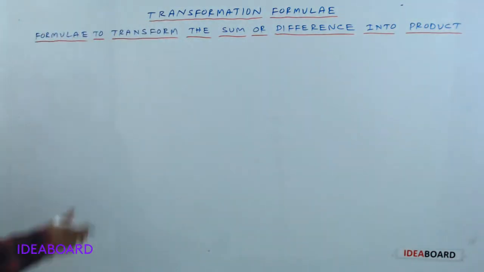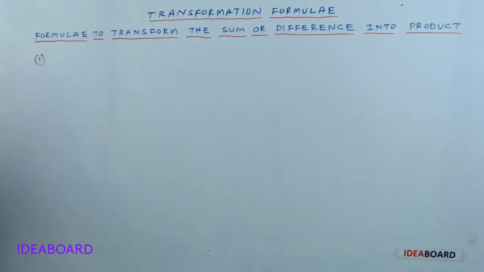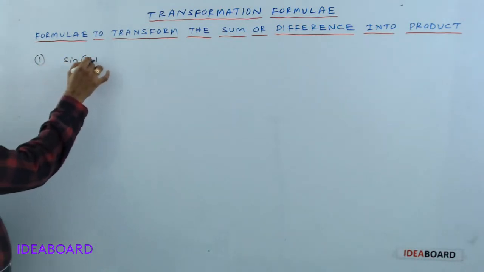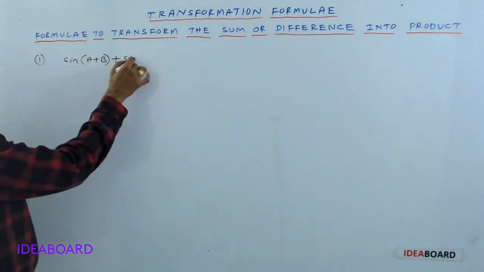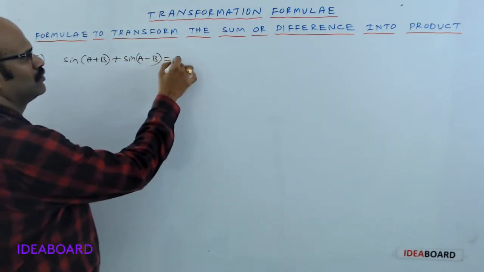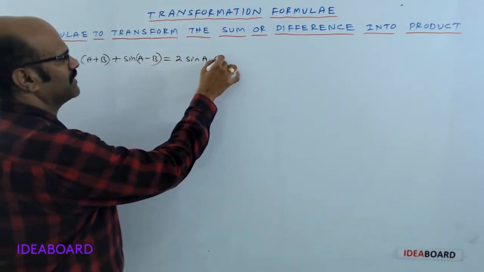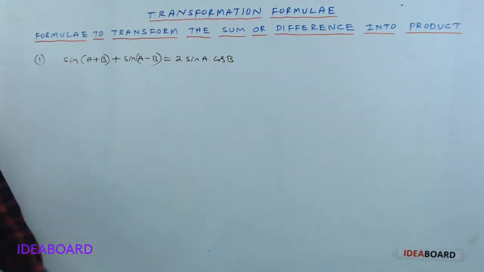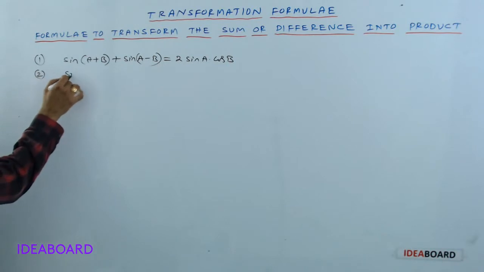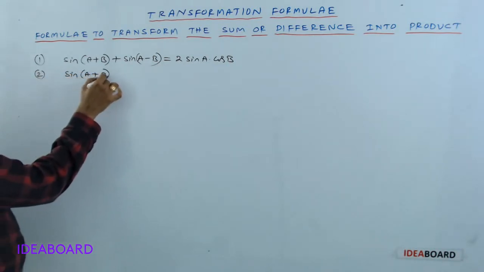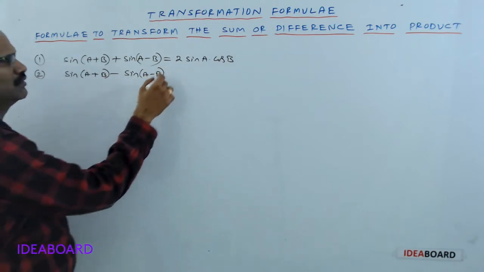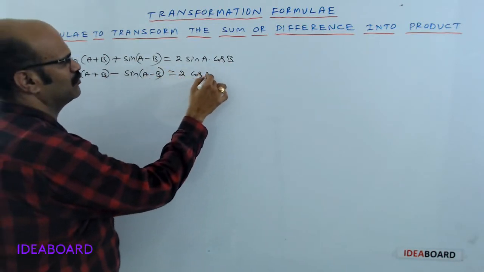For that, we have the formulas. One: sin of a plus b plus sin of a minus b equal to 2 sin a into cos b. Second: sin of a plus b minus sin of a minus b equal to 2 cos a into sin b.